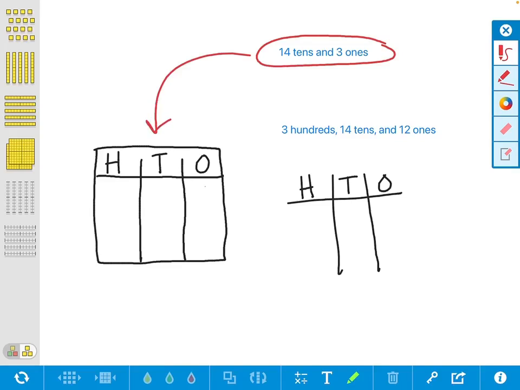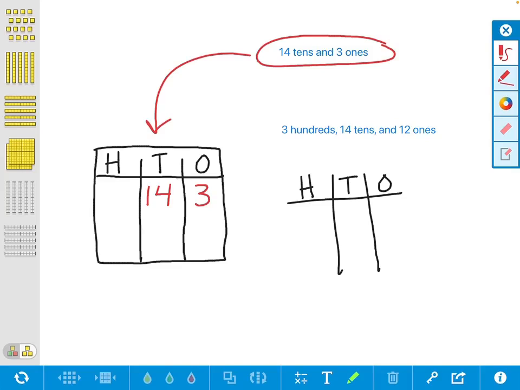I was given 14 tens, so I'm going to put my 14 in the tens place. And then the riddle also says that I have 3 ones, so I'm going to put my 3 ones right there.